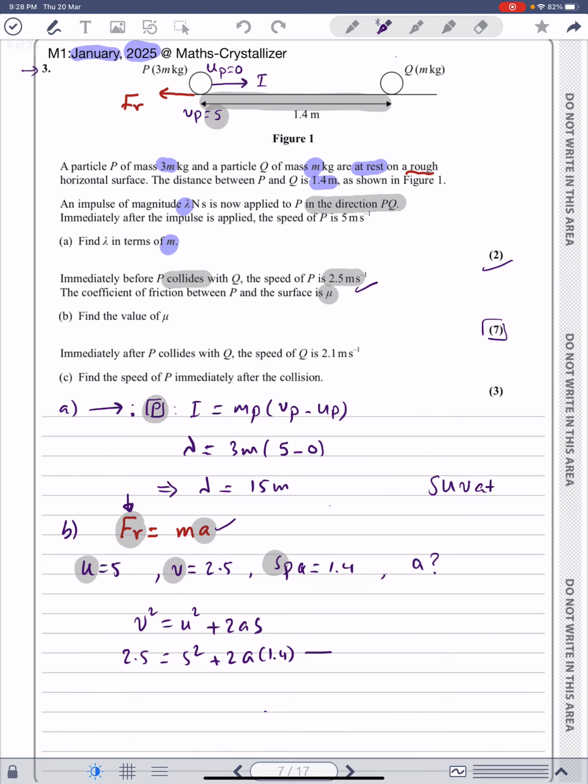By simplifying this simple equation, you'll get 6.25 equals 25 plus 2.8a, getting a equals negative 6.7 meters per second squared.